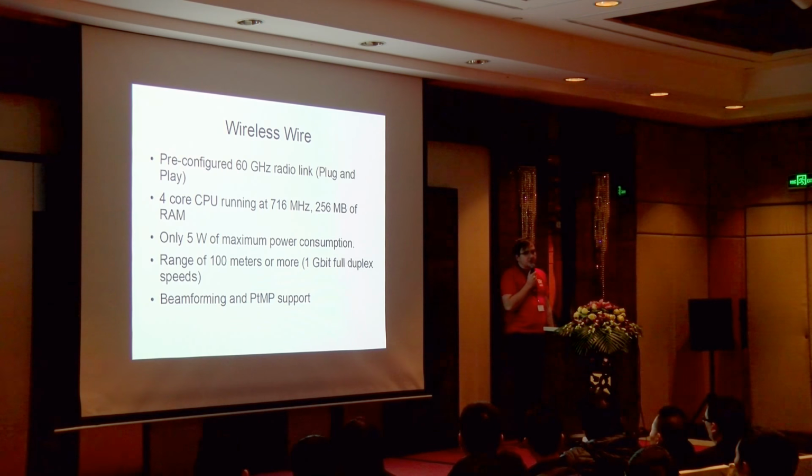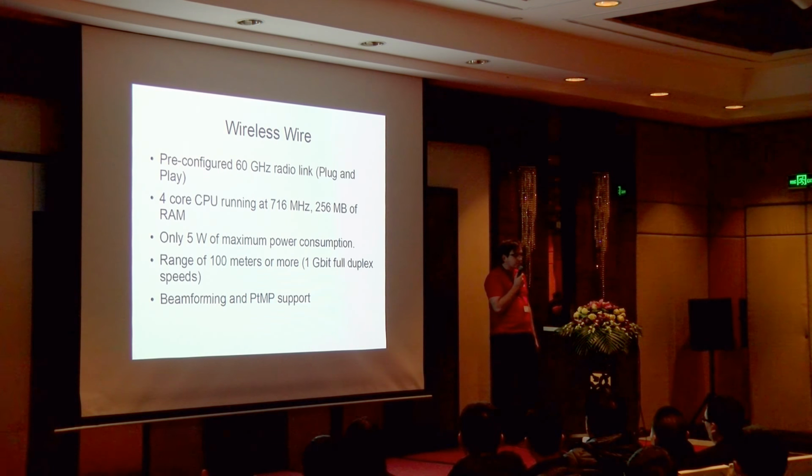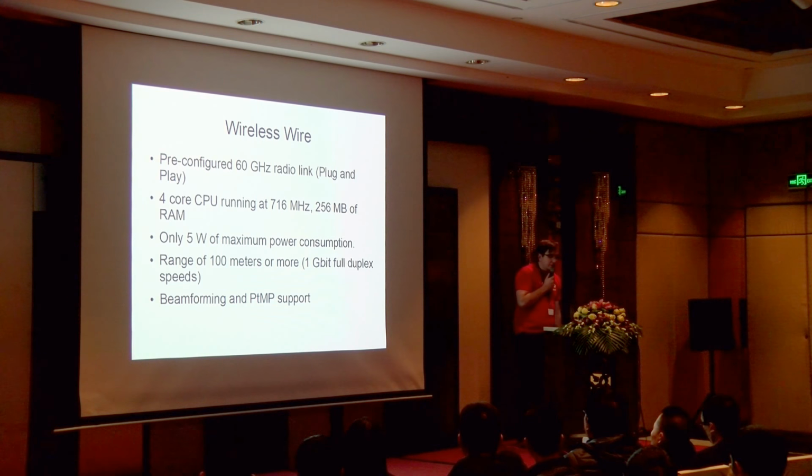In most setups at 100 meters, it should provide full gigabit duplex speeds. So basically, it's 2 gigabits per second at 100 meters.